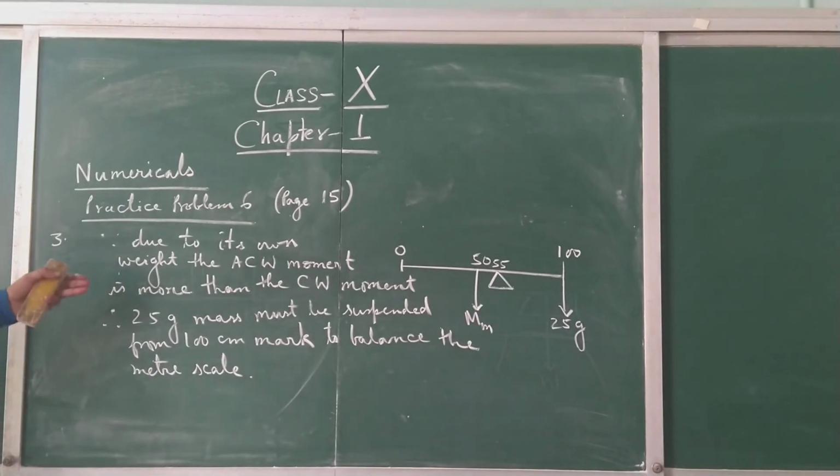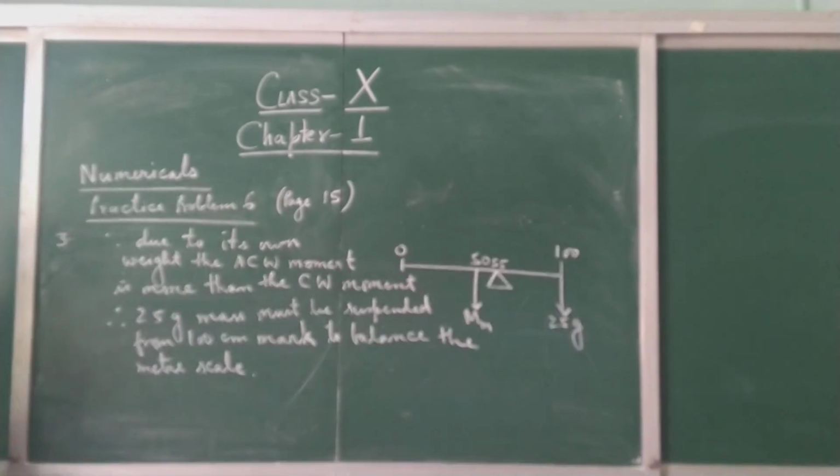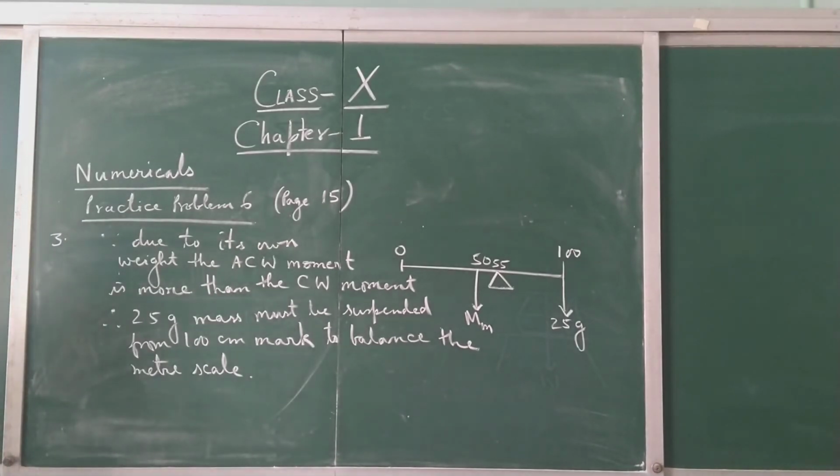Due to its own weight, the anti-clockwise moment is more than the clockwise moment. Therefore, 25 gram mass must be placed from 100 centimeter mark to balance the meter scale.